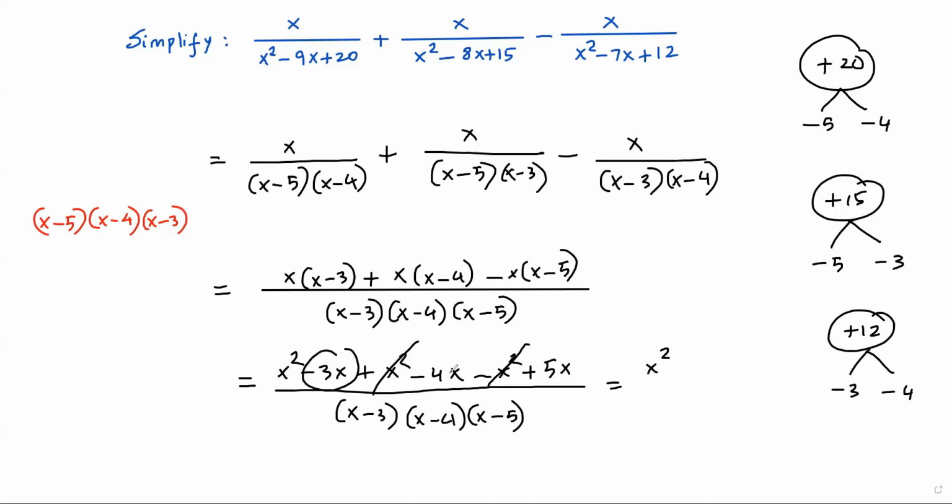When I combine −3x and −4x, it's −7x, and adding 5x gives −2x, over (x − 3)(x − 4)(x − 5).